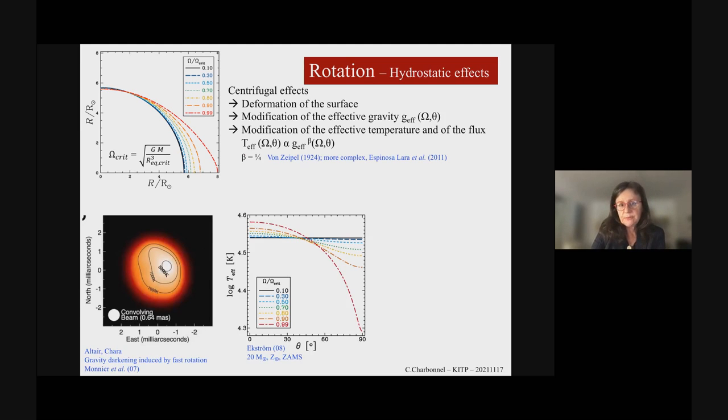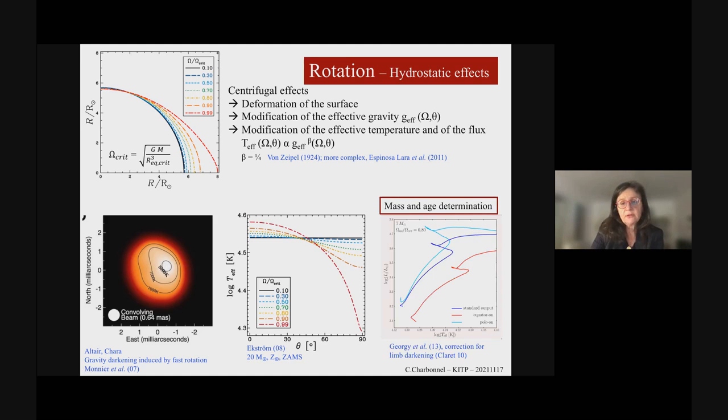This is very important because it modifies the effective gravity along the star, and this modifies the effective temperature and the flux of the star. If you consider stars seen either on the equator or on the pole, you get very different effective temperatures, and you can make strong errors on the age and the mass determination of your star.